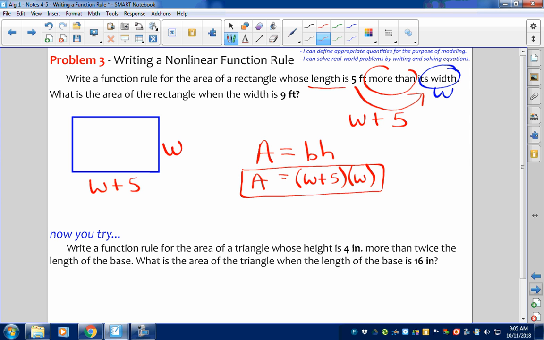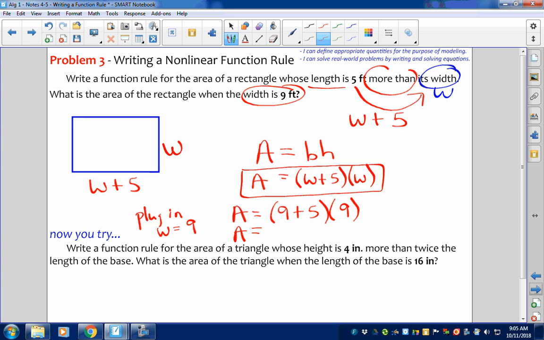It says, what is the area of the rectangle when the width is 9 feet? What does that mean? You plug in 9 for W. So it looks like this. A equals 9 plus 5 times 9. So plug in W equals 9. And then evaluate it.